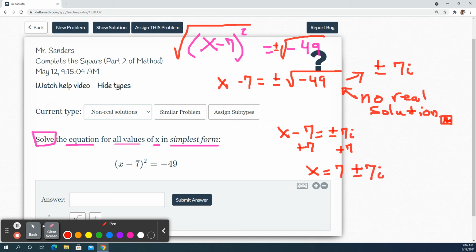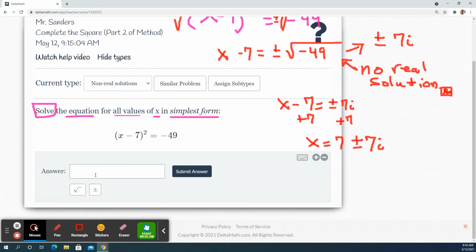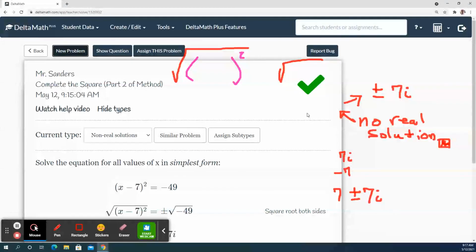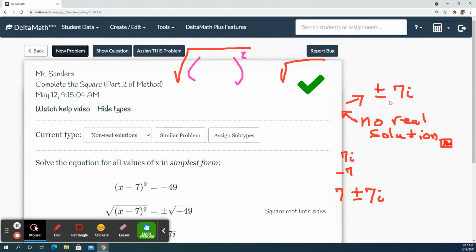So let's see if that's even possible. 7 plus or minus 7i. All right, so we do have imaginary solutions. In Algebra 1, a lot of times we don't get into the imaginaries.